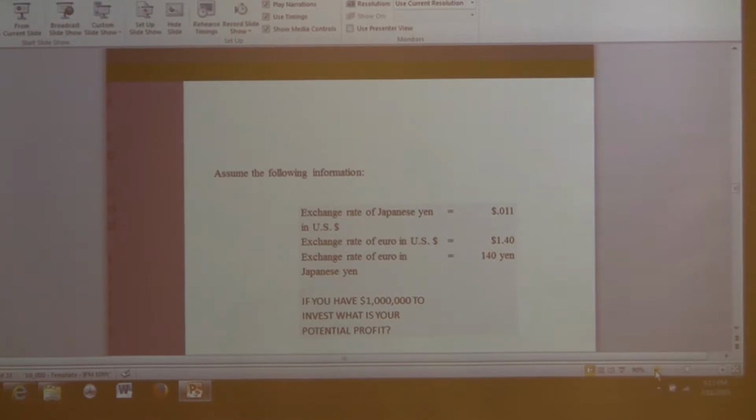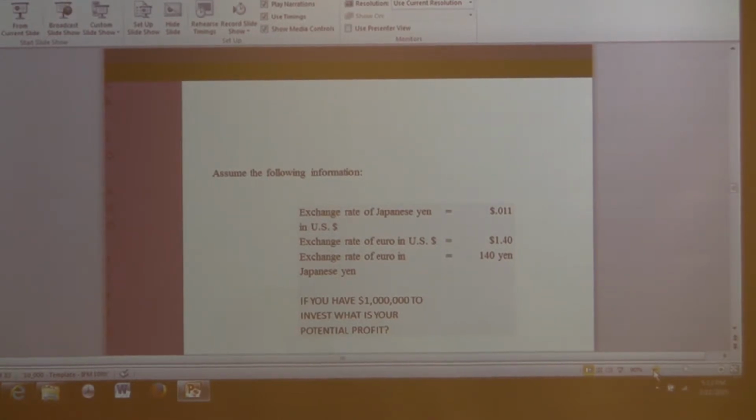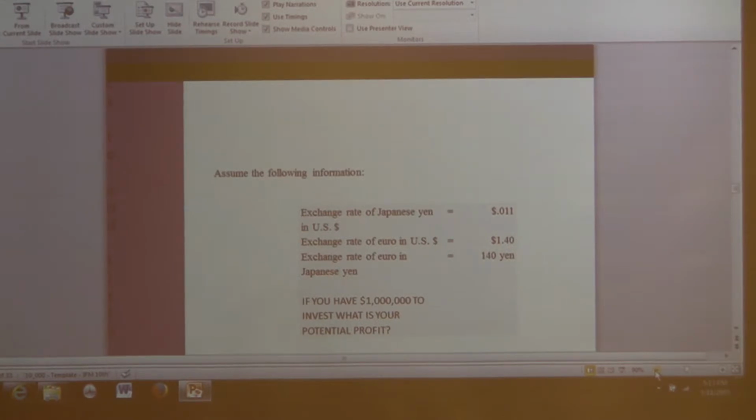So the first step is you always want to buy the currency that is overvalued, okay? So you want to buy the euro because that is overvalued. You want to sell the euro for the Japanese yen, and then you want to buy the US dollar back. Okay?